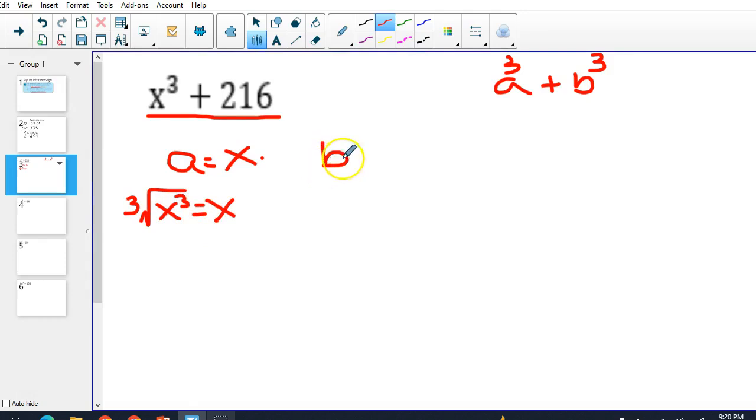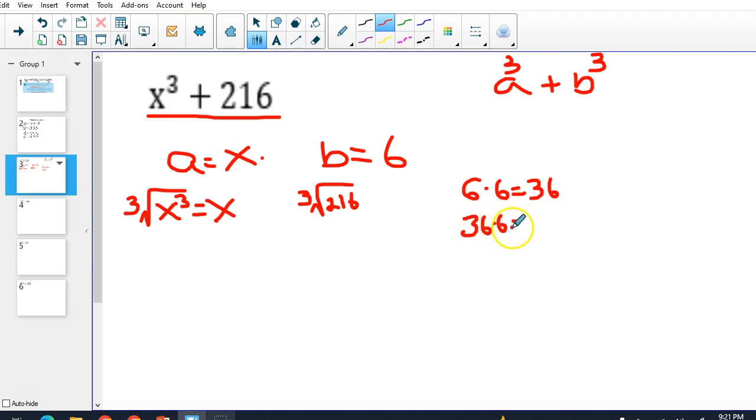Alright, and now we need to find what our b term is. If we take the cubic root of 216, that'll be 6. Because 6 times 6 is 36, and 36 times 6 gives us 216.